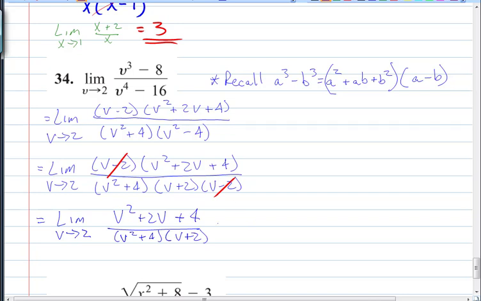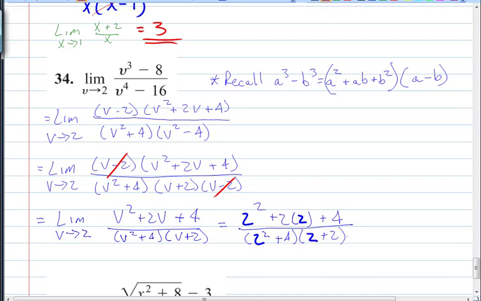By using direct substitution, we end up with 2 squared plus 2 times 2 plus 4 over 2 squared plus 4 times 2 plus 2.